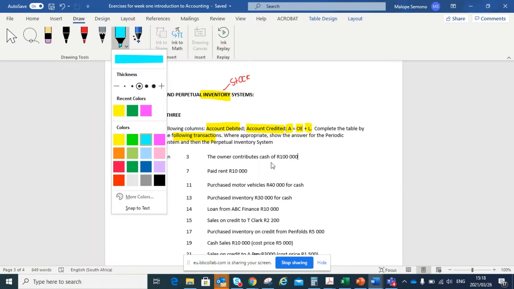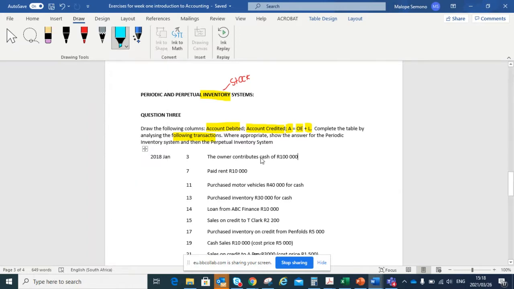Now, it means if I check here, I have got cash. Can you see that? And they say who contributed that cash is the owner.